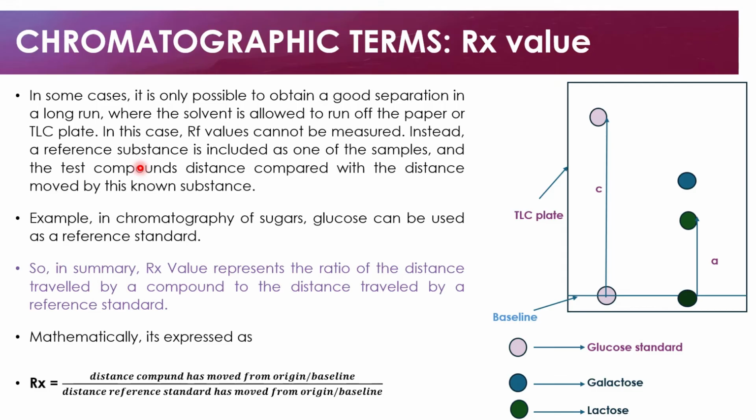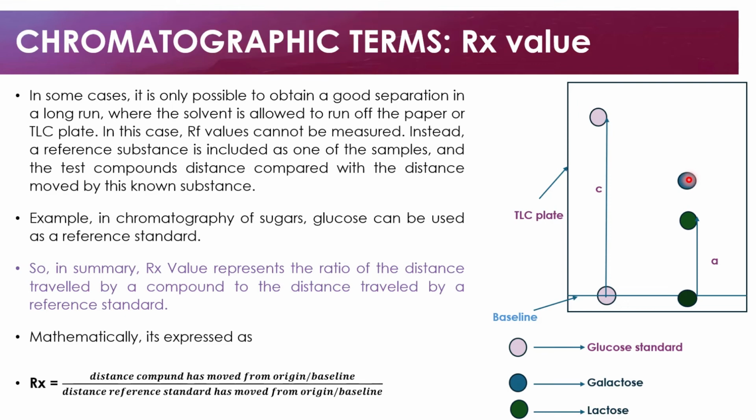For example, in the chromatography of sugars, glucose can be used as a reference standard. From the chromatogram shown here, glucose was used as a reference standard and ran alongside the sugars lactose and galactose in a chromatographic process.